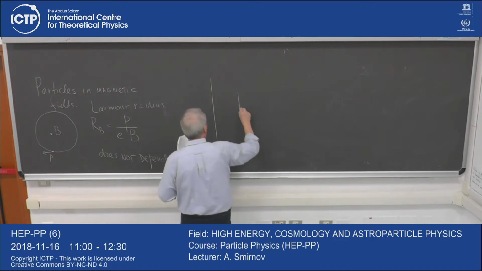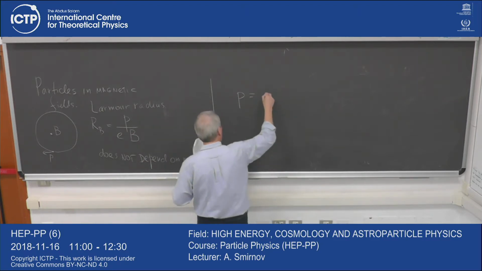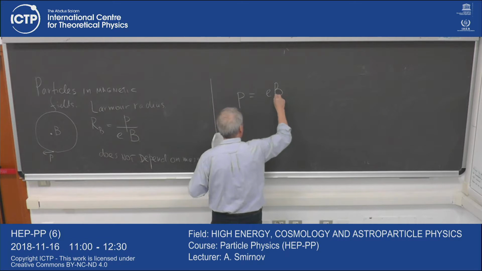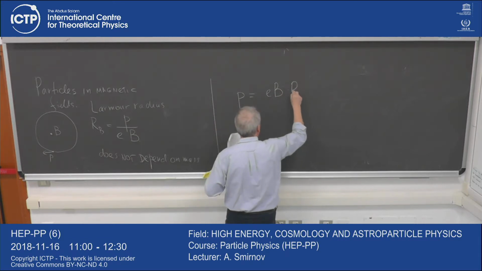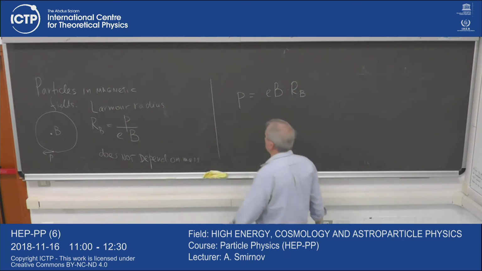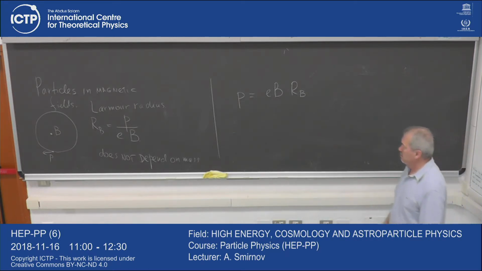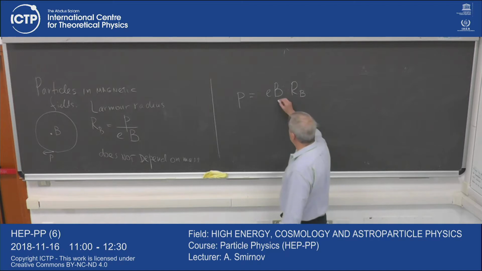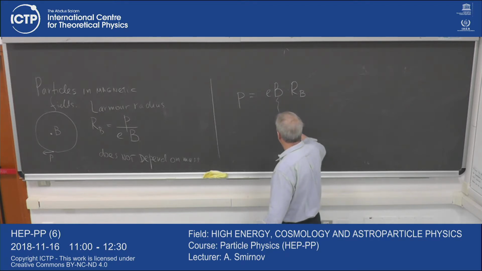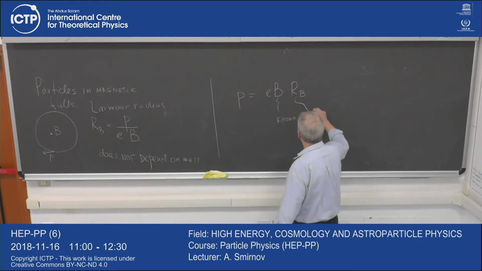So we can rewrite this formula as P equals E B multiplied by RB. Now what can we study? So we can impose magnetic field, and so we know this, right? This is known in our experiments. This we can measure.